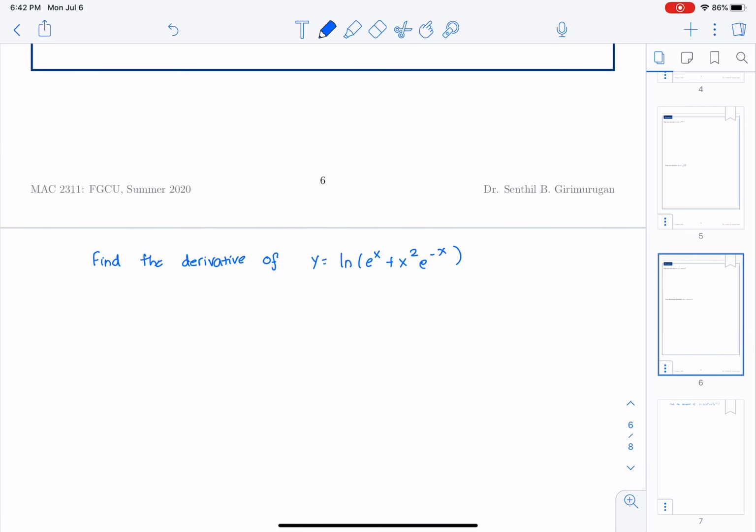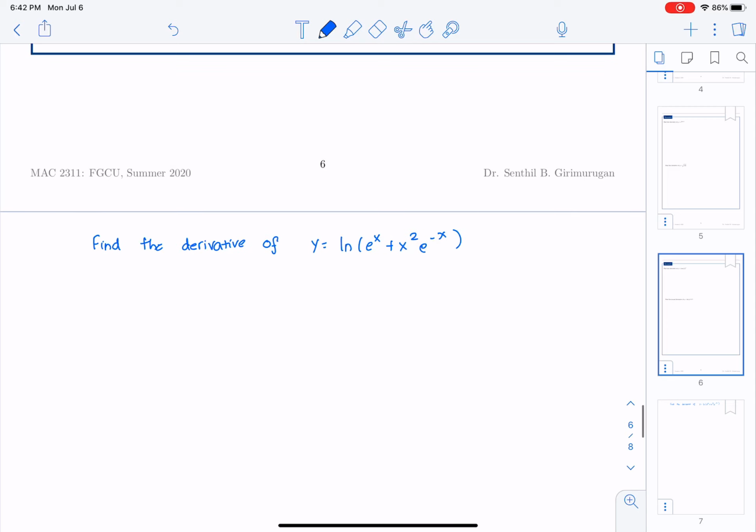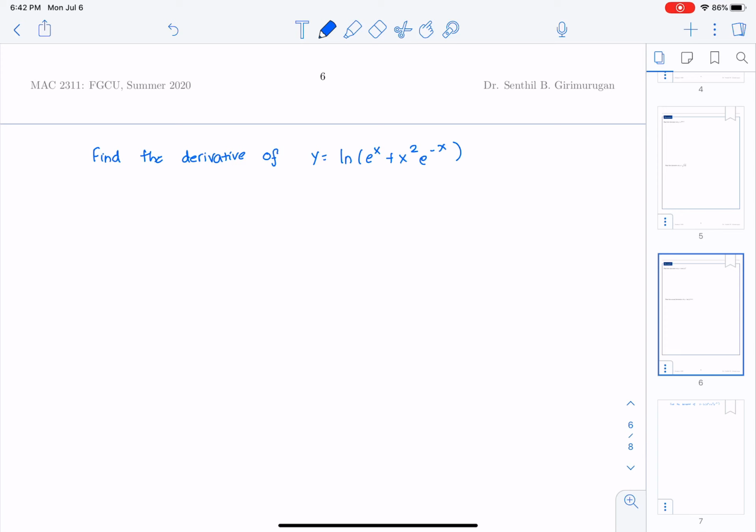Well, this is one of the tricks that we use to make things easier for ourselves. So what I'm going to do now is exponentiate on both sides.